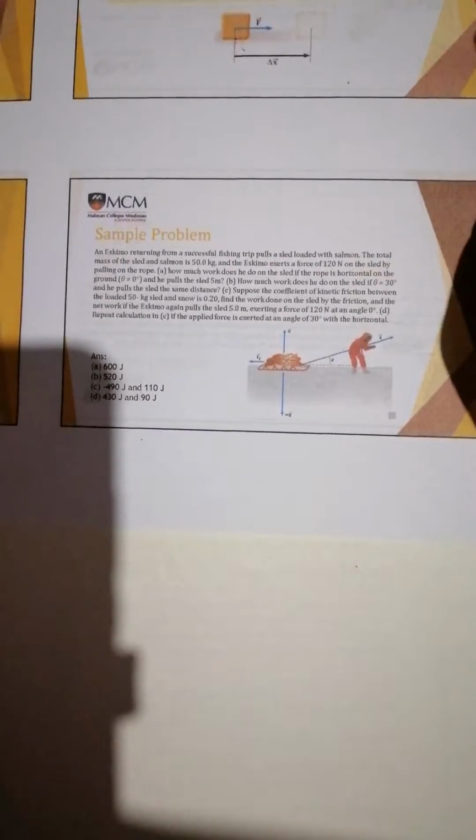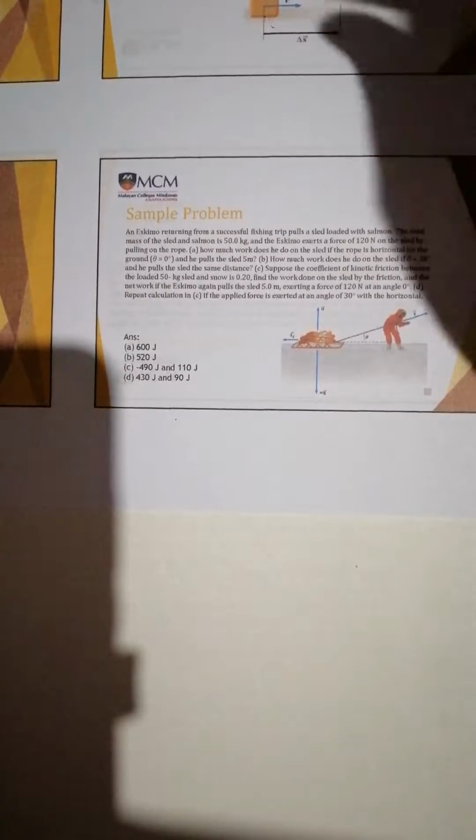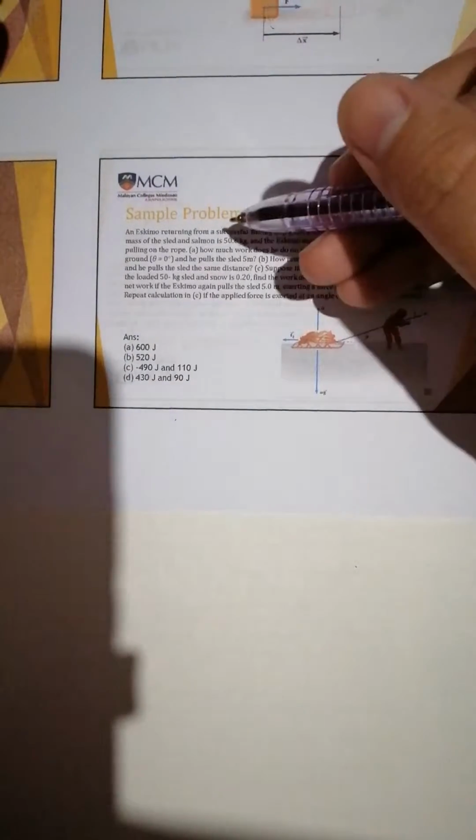Let's have an example about work, or let us apply this principle of work in this first example. Example number 1: an Eskimo returning from a successful fishing trip pulls a sled loaded with salmon. The total mass of the sled and salmon is 50 kilograms.